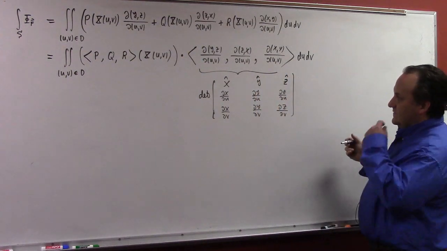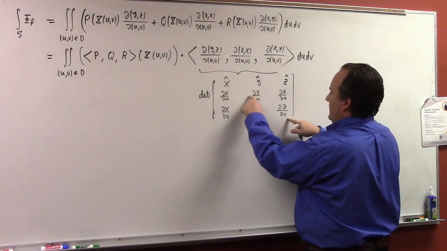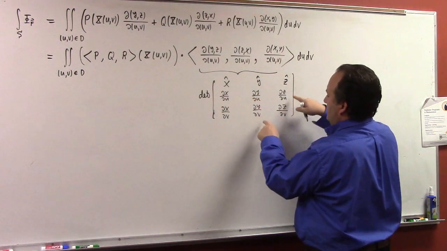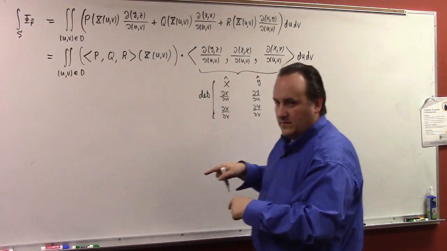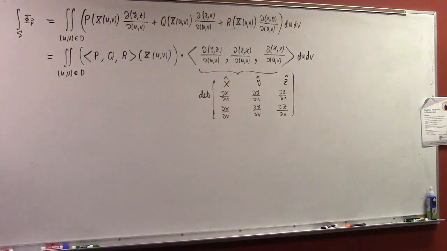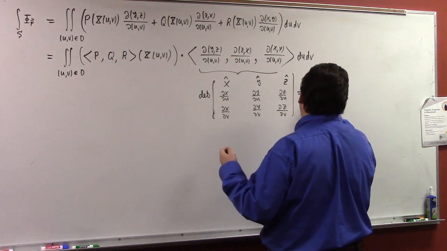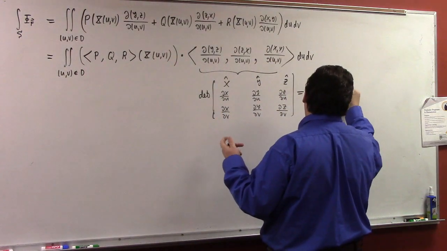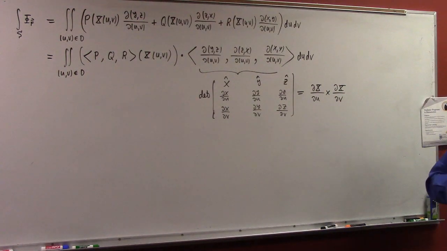See, because for instance, the x hat one, it gets partial y, partial u, partial z, partial v, minus partial y, partial v, partial z, partial u, which if you go back to the other board is exactly what we had over here, right? That is exactly, of course, partial X partial u cross partial X partial v, which we should recognize as the normal vector field to the surface.